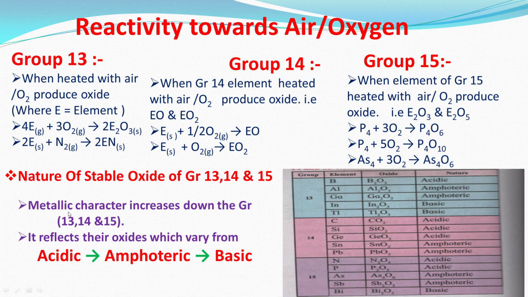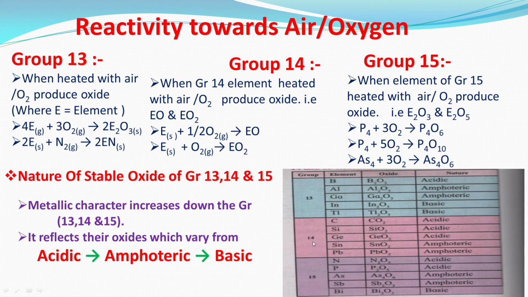When we move down, the metallic character increases down the group: boron to thallium, carbon to lead, nitrogen to bismuth. This reflects in their oxides, which vary from acidic to amphoteric to basic. In group 13, acidic, amphoteric to basic.